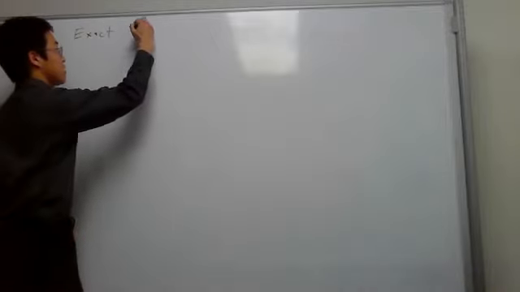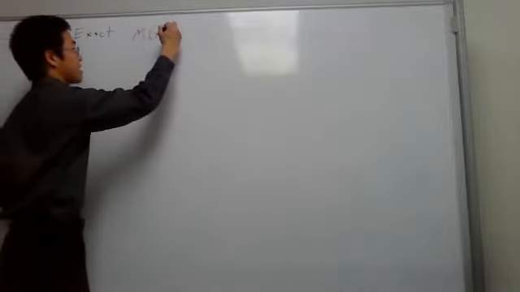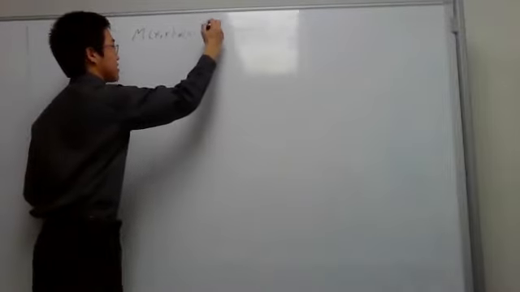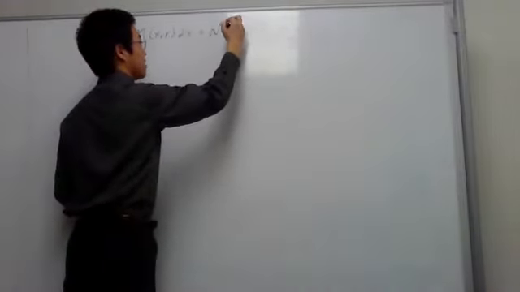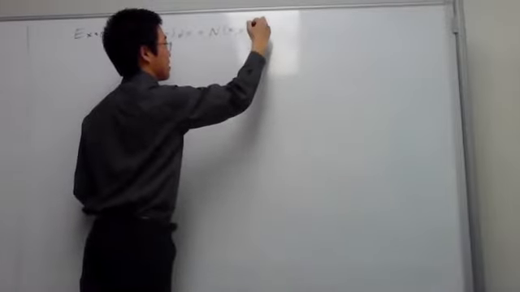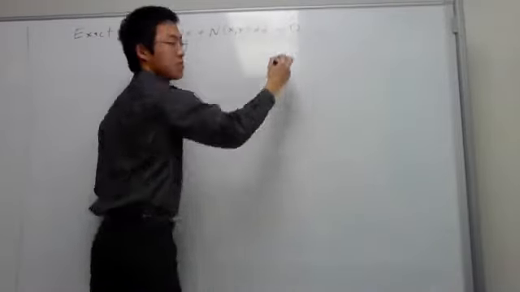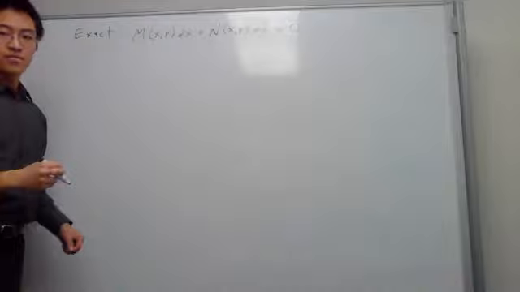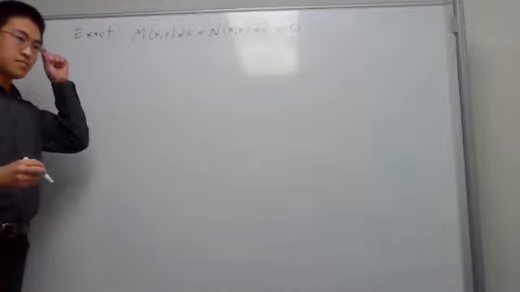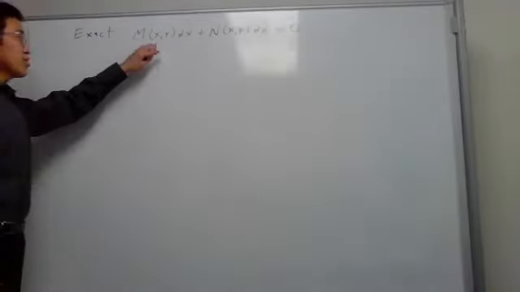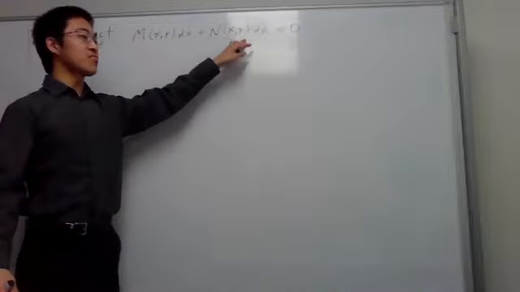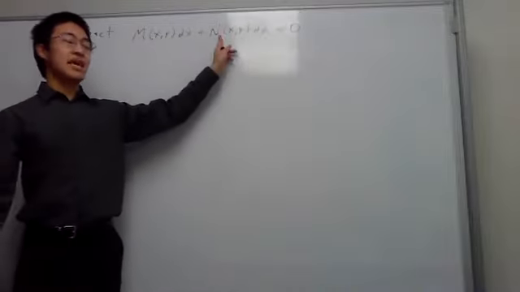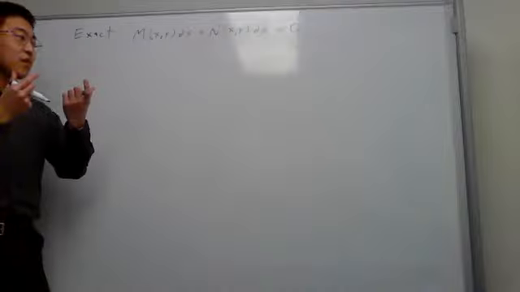And it's gonna be of the form M(x,y)dx plus N(x,y)dy. The only reason I put the x,y's here is just as a reminder that this M and this N can be functions of two variables.